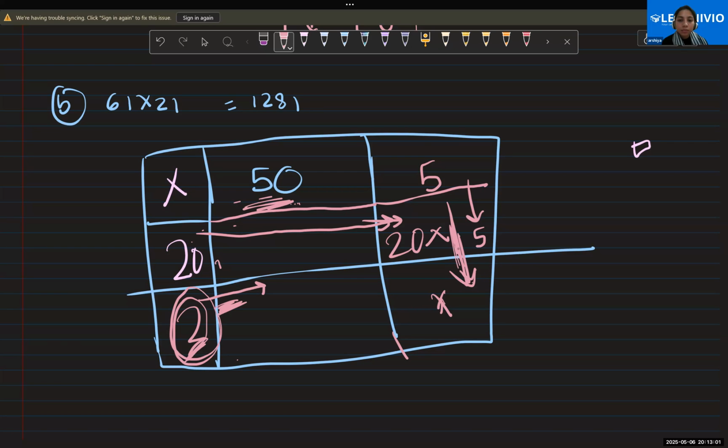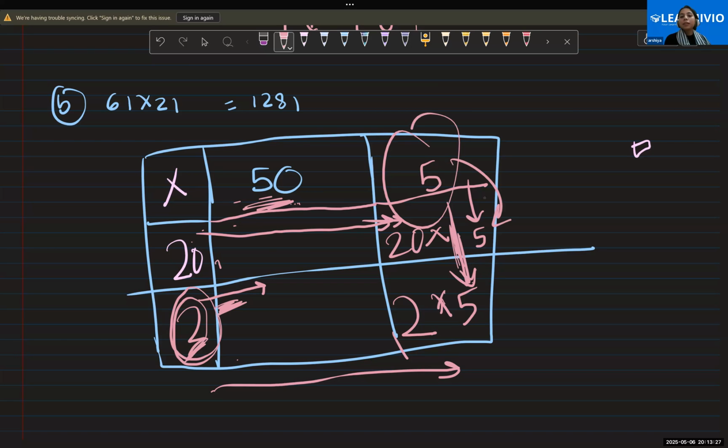What we were doing with 50, same thing we'll have to do with 5. 5 from here, and if we are going in the sleeping direction, then we will write 2. So basically, pick this number, put it here, pick this number, put it here.